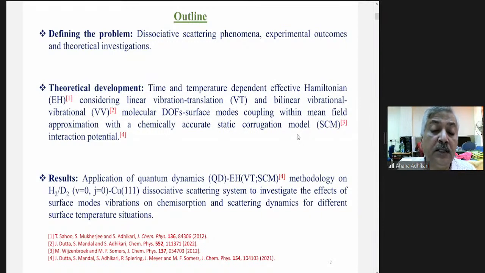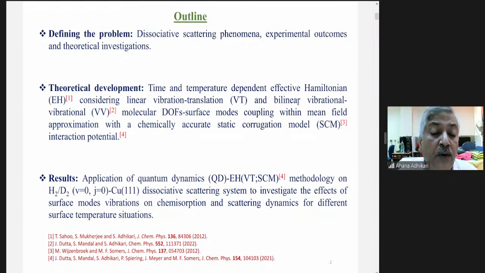That means the surface atom interaction is there, but at the 0th order level, not at a higher level. That means you are considering it within the harmonic approximation. That is what is called the static corrugation model. But the interaction between surface atom and the molecule is considered at the linear and bilinear level.